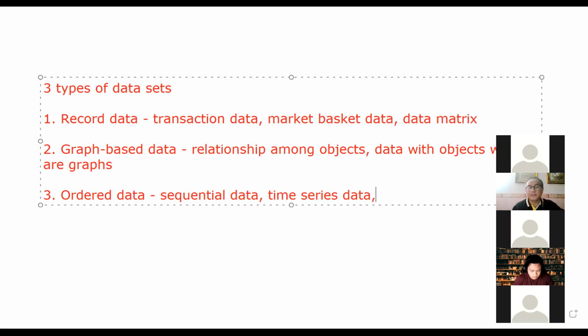We have spatial recognition and spatial data. These are 3 types of data sets. We have discussed data cleaning and so on just now, then data processing.